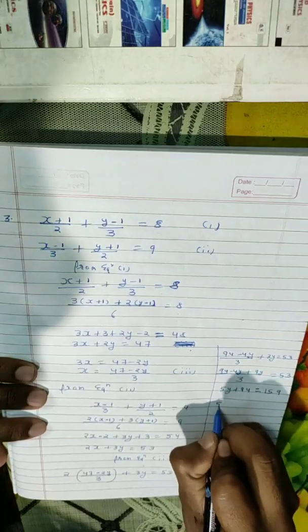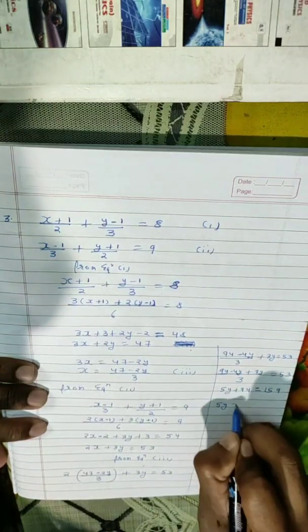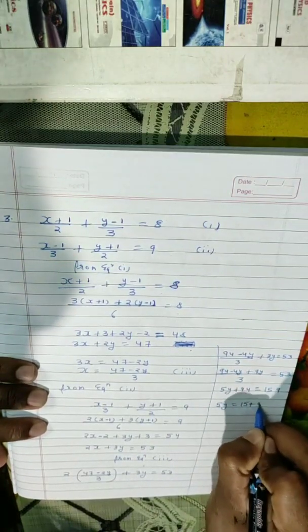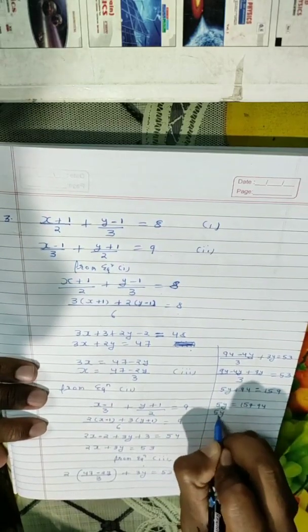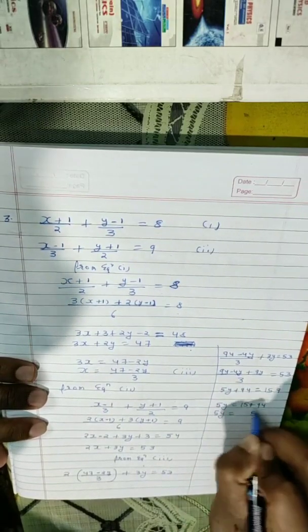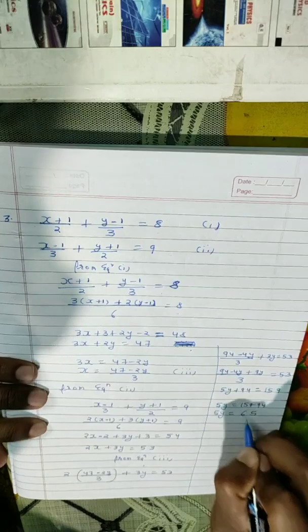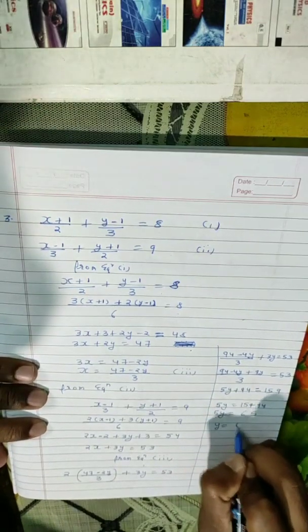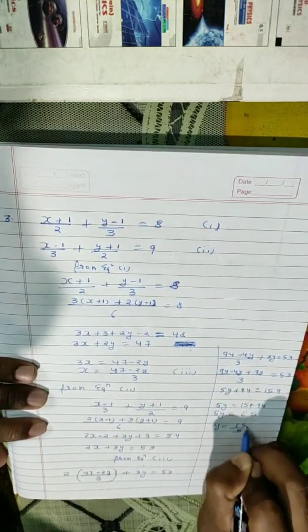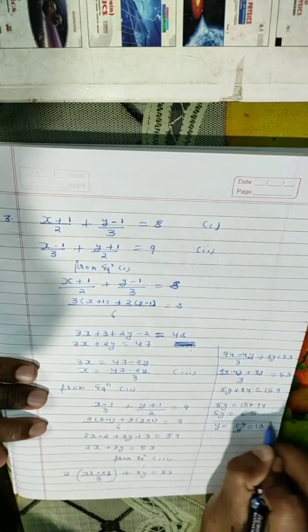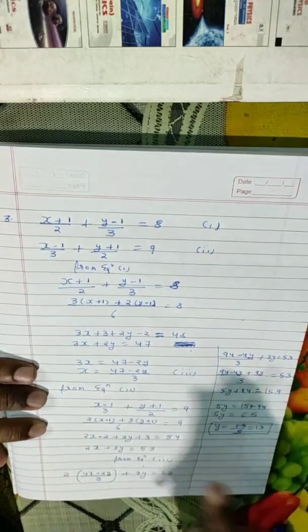So the value of 5y will become 159 - 94, which is 65. So the value of y comes out to be 65/5, your answer is 13.